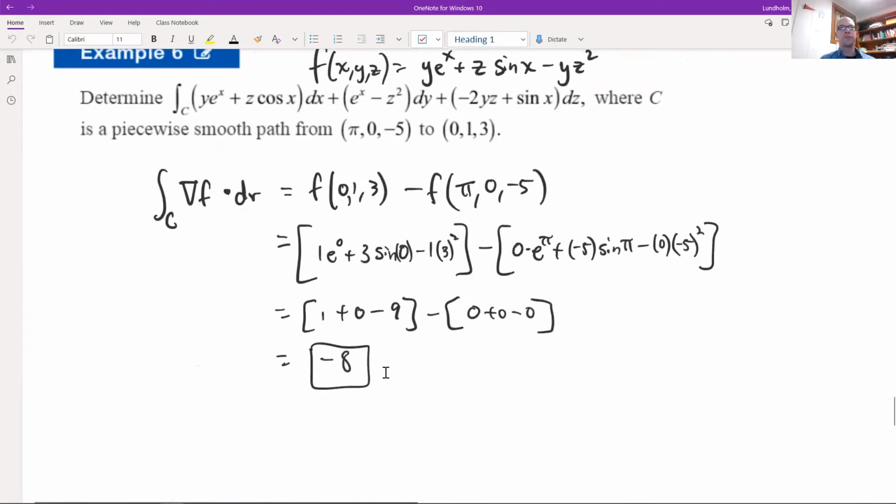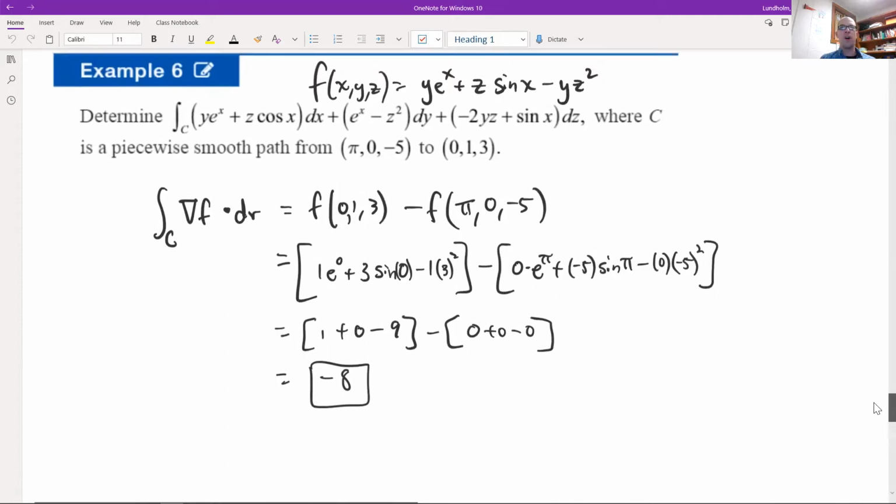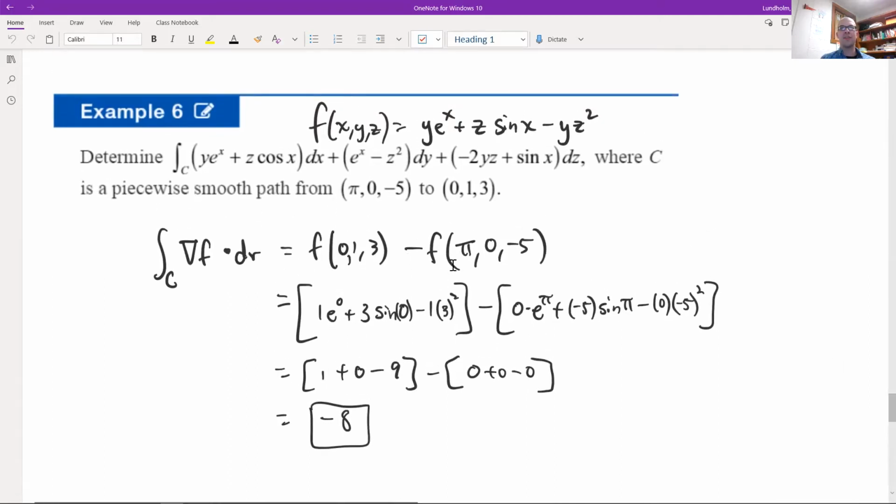And using the fundamental theorem of line integrals, all we've got to do is take that difference, the endpoint minus the starting point, and all of the paths in between those two points would be equivalent. And you end up getting the value -8 for that line integral.